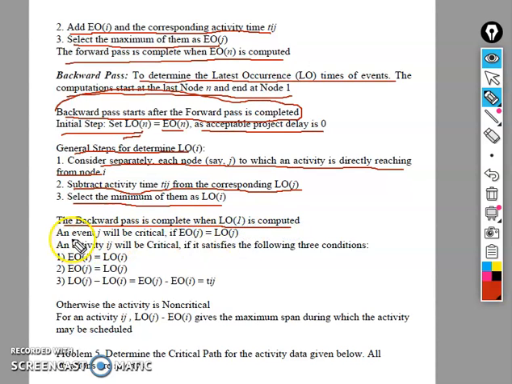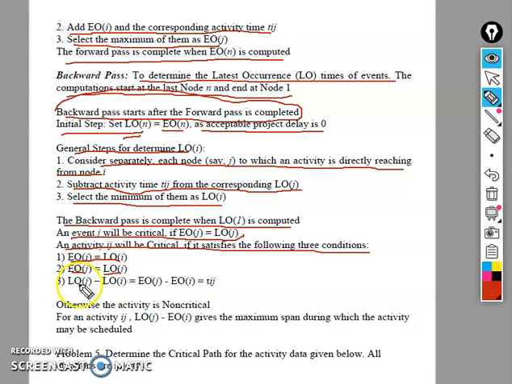Event j will be critical, which is very important. We have already mentioned that an event is critical if its earliest occurrence time and latest occurrence time are the same; otherwise it is not critical. An activity ij will be critical if it satisfies the following three conditions. First, the earliest occurrence should equal the latest occurrence: EO of j equals LO of j.